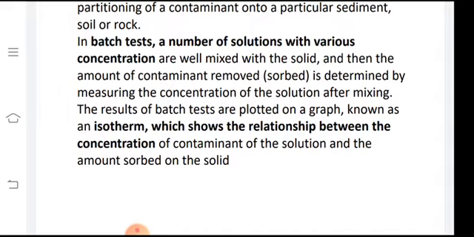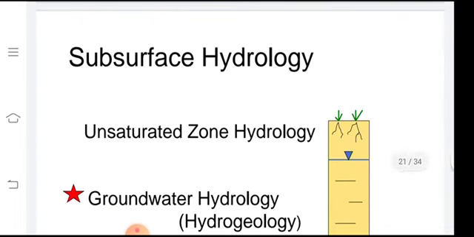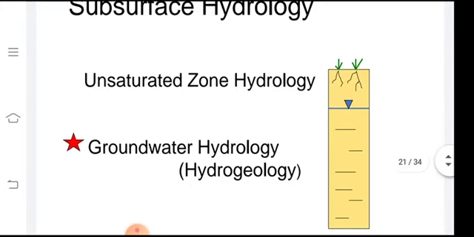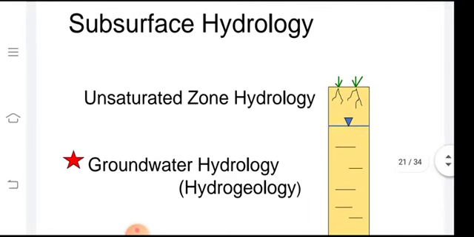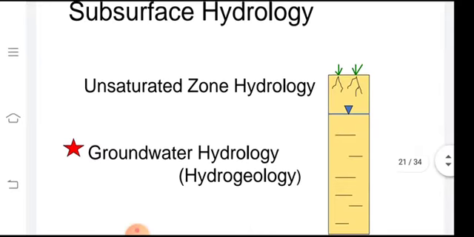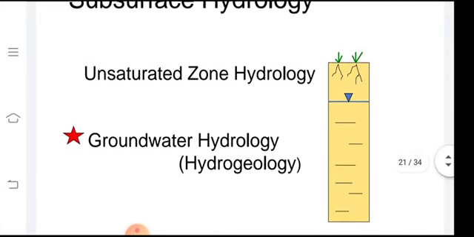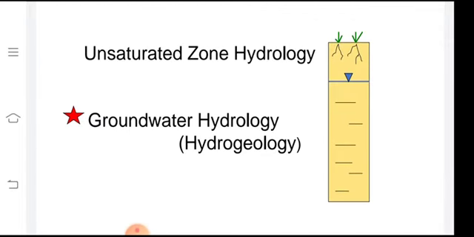Now let's have a quick look at the mechanism of how to develop a conceptual model. We should have a thorough understanding of the site characterization, and then subsurface hydrology information, like how deep the water table is and how deep the groundwater aquifers exist.